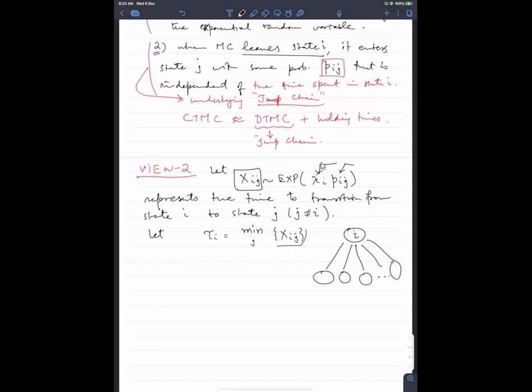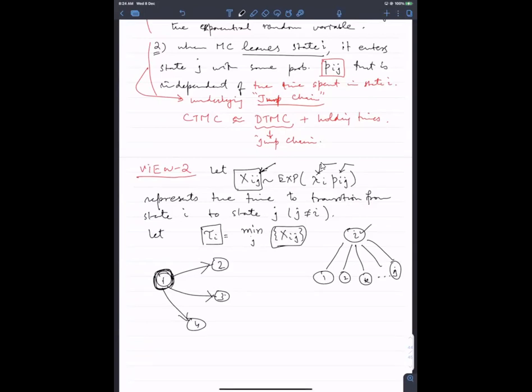So Xij represents the time to transition from I to J or K, whichever you call it. So tau I is defined as the minimum of all of those random variables. Let's say you are going from state 1 to state 2, state 3 and state 4, so you have 4 possibilities. The time needed to go from 1 to 2 is x12, from 1 to 3 is x13, and from 1 to 4 is x14. Take the minimum of those. You can think of it as running a timer for each of the outgoing edges.